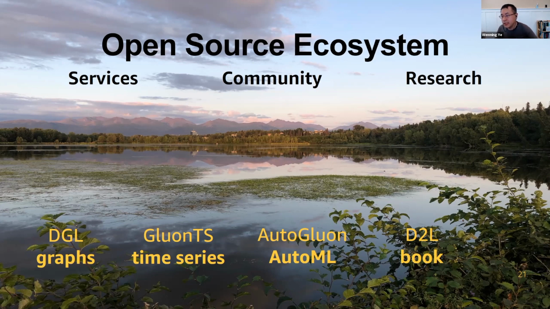And then, of course, there's the D2L book, which is a great machine learning book for you to get started on. It includes probably the most detailed accounts of all the different theories and practices. You can go to d2l.ai to access it.